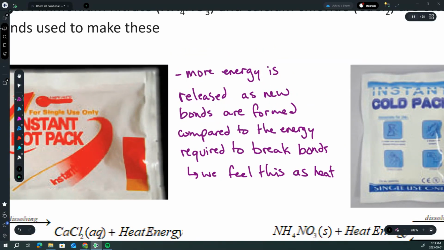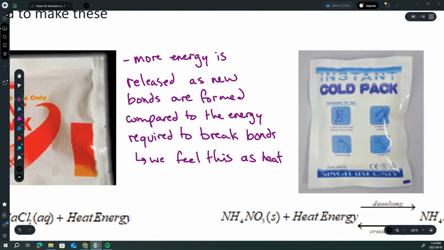So for a hot pack, more energy is released as new bonds are formed compared to the energy required to break bonds within the substances. And we're going to feel this as heat.